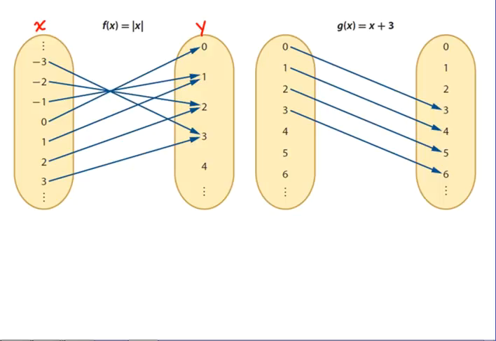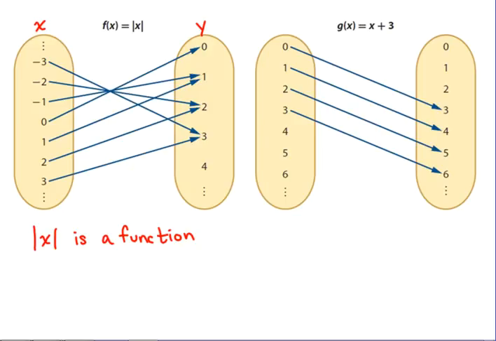The absolute value of x is a function, okay? The absolute value of x is a function because every x has only one y. There are not multiple arrows coming out of any of our x values. So it is a function.